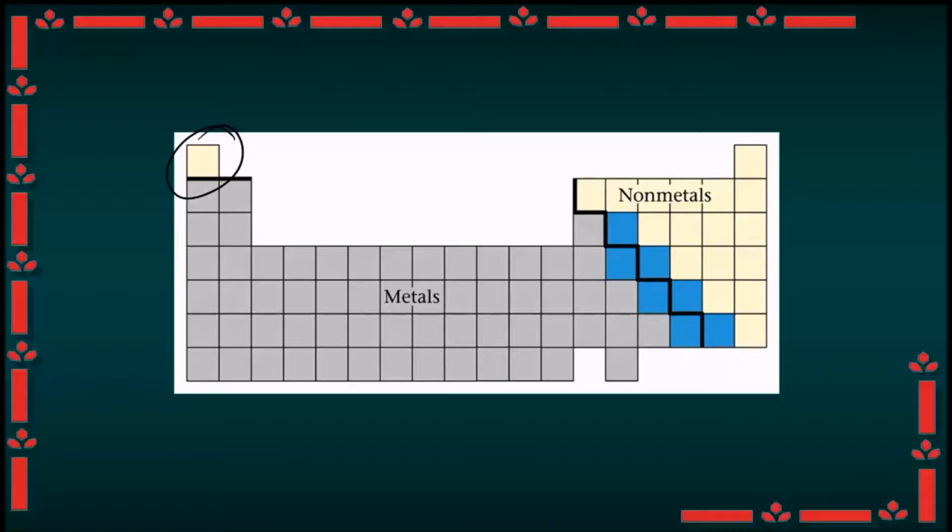Is it a metal or a nonmetal? I don't know. Kind of looks like a nonmetal, but she's surely acting like a metal. What is it? Well, hydrogen is like that. Hydrogen looks like a nonmetal. It's a gas, but it also acts like a metal. So that's part of the reason why it's in that first column.